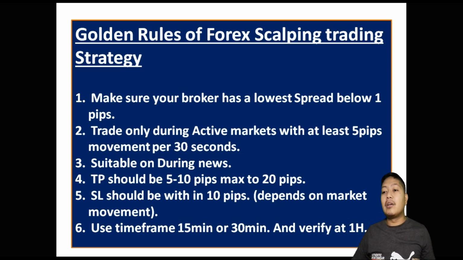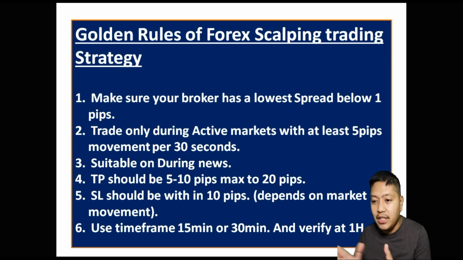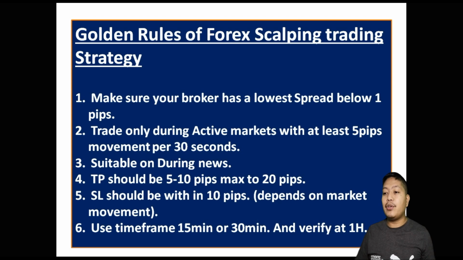The golden rules of Forex scalping strategy: first, make sure that your broker has a low spread, below 1 pip, either lower than 1 pip or 0.5 pips or lower. There are a lot of brokers offering this low spread, like IC Markets, Pepperstone.